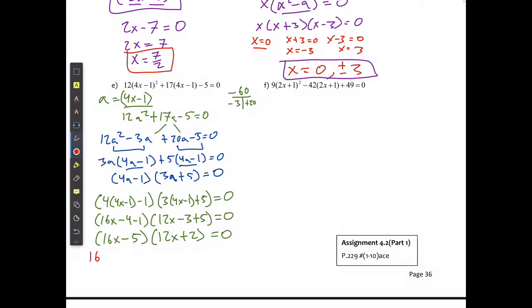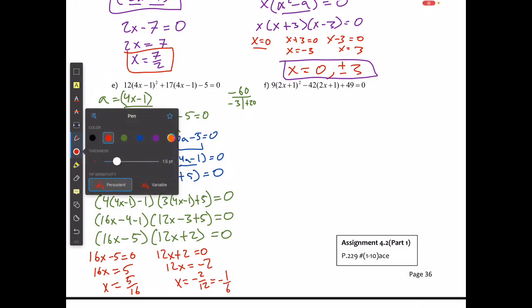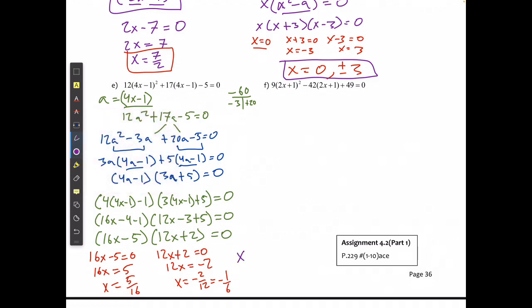I could say, well, if 16x minus 5 is equal to 0, then 16x is going to equal 5, or x is going to equal 5 over 16. If 12x plus 2 is equal to 0, 12x is going to equal negative 2, or x is going to equal negative 2 over 12, or negative 1 over 6 if I reduce that fraction. Which means that for the first example, x could either equal 5 over 16 or negative 1 over 6.